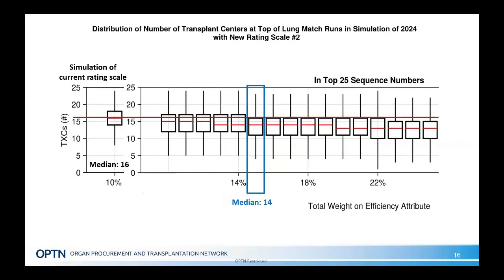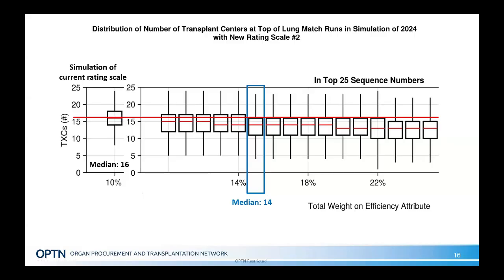So in this graph, we're actually looking at the number of centers in the first 25 sequence numbers. And what we can see is that the same increase to 15% on the placement efficiency using rating scale number 2 reduces the median number of centers from 16 in the current system to 14 or less, with 75% of the centers being under this threshold of 15 to 16 centers.